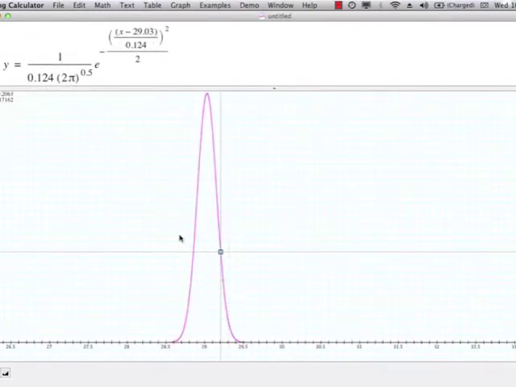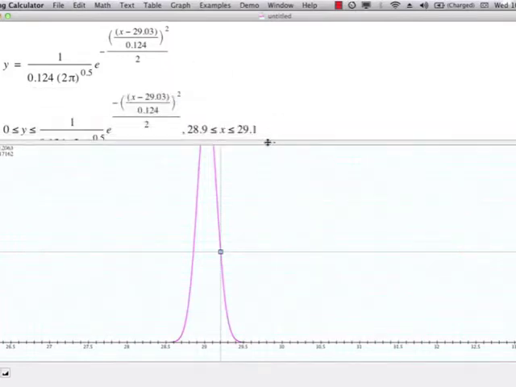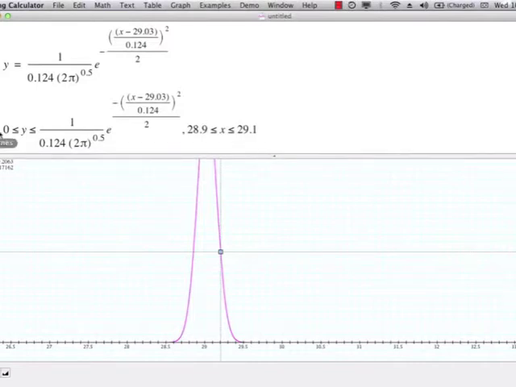Okay, so I've got my beaker data, and my beaker data has a mean of 29.03 and a standard deviation of 0.124. If I plug that into my normal distribution formula, this is the formula I come up with. Suppose I wanted to ask how many beakers I would expect to be between, say, 28.9 grams and 29.1 grams.